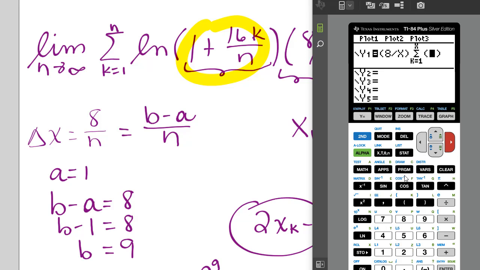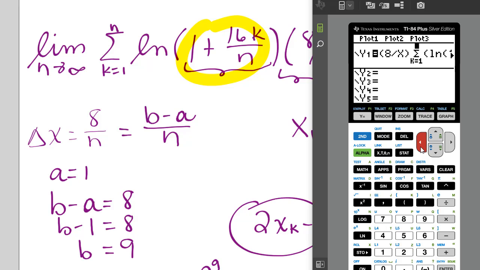And we're looking at the sum of the natural log of 1 plus 16k over n, or, I'm sorry, 16k divided by x. I believe that's correct.